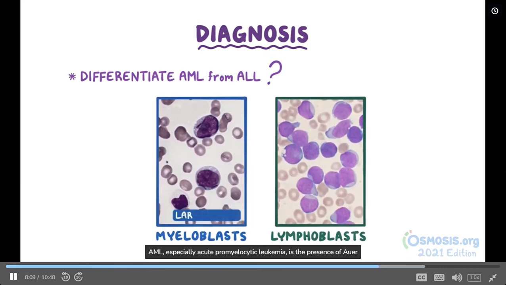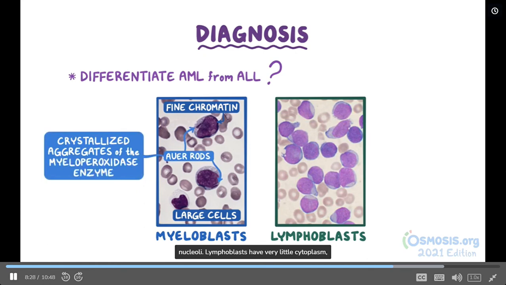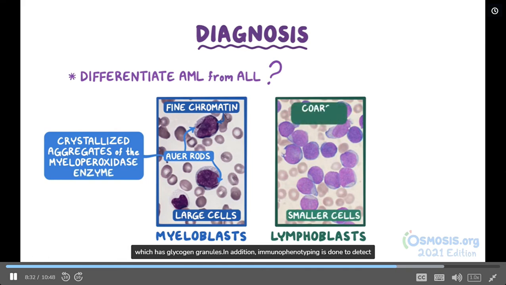Myeloblasts are usually large cells with nuclei containing fine chromatin and prominent nucleoli. A classic feature of myeloblasts in AML, especially acute promyelocytic leukemia, is the presence of Auer rods in the cytoplasm, which are crystallized aggregates of the myeloperoxidase enzyme. On the other hand, lymphoblasts are relatively smaller cells with coarse chromatin, which are clumped together and have small nucleoli.